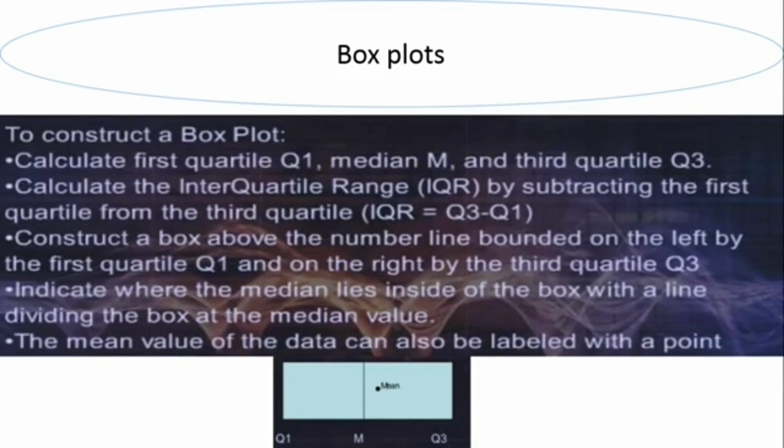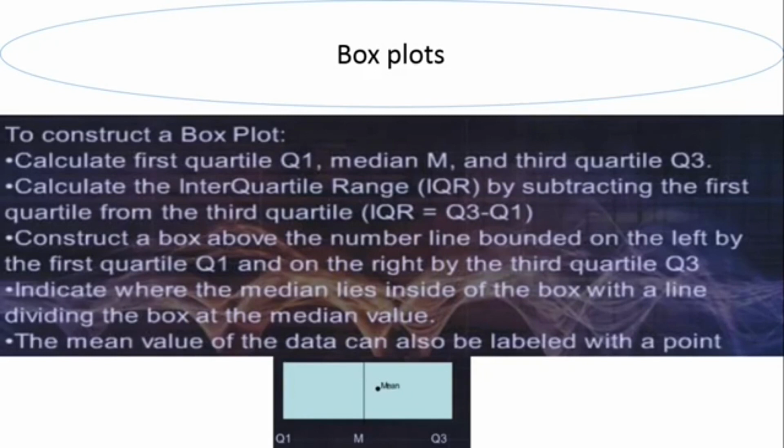How to construct a box plot. First, calculate the first quartile Q1, the median M, and the third quartile Q3. Calculate the interquartile range, IQR, by subtracting the first quartile from the third quartile. The next step is to construct the box above the number line, bounded on the left by the first quartile Q1 and on the right by the third quartile Q3.